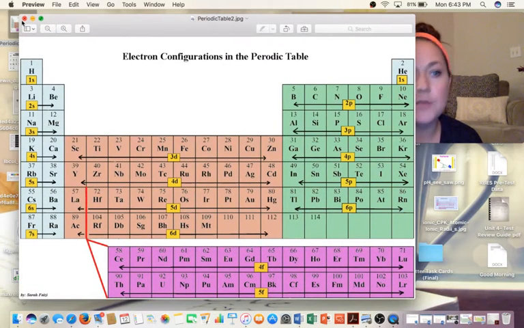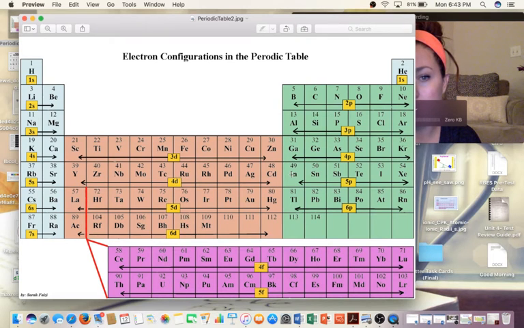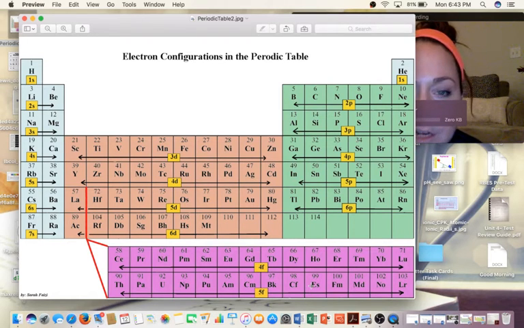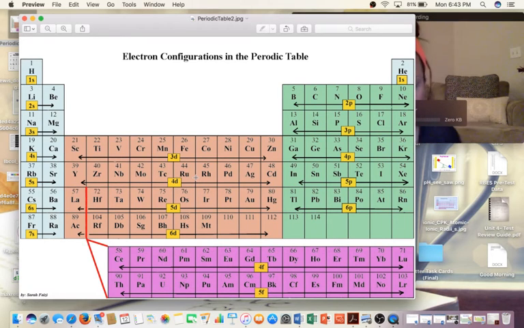Please remember that you have your S, P, D, and F blocks. These have to do with your electron configuration and your orbitals. In my classes, I showed you the 3D images of the atom of an element structure and what orbitals actually look like and how they form together within the orbital cloud.